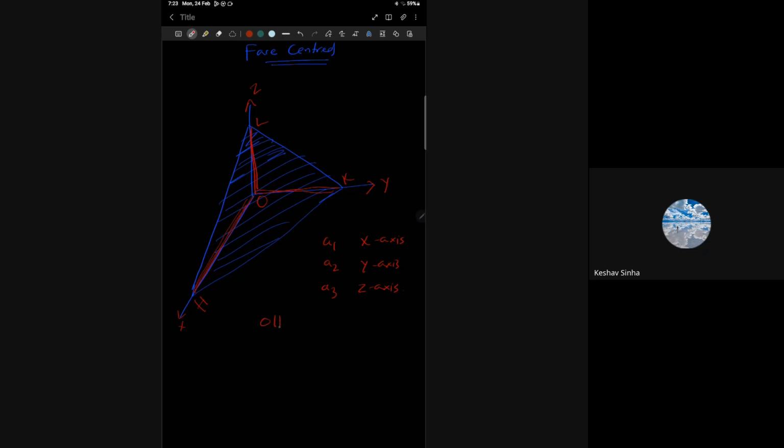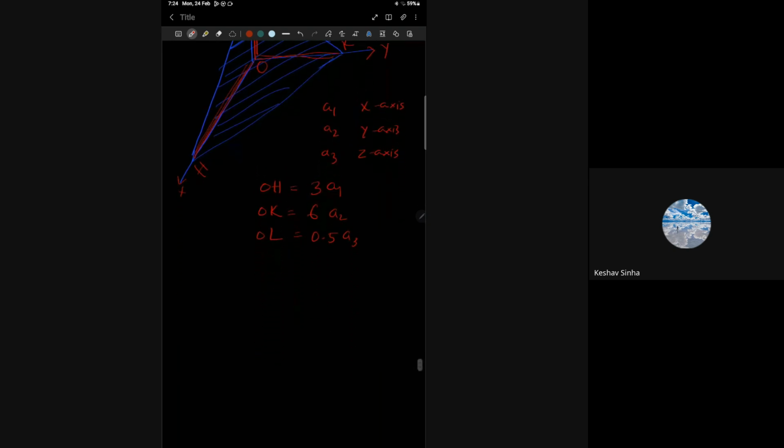Suppose OH is equal to 3A1, OK is equal to 6A2, and OL is equal to 0.5A3, let's say.